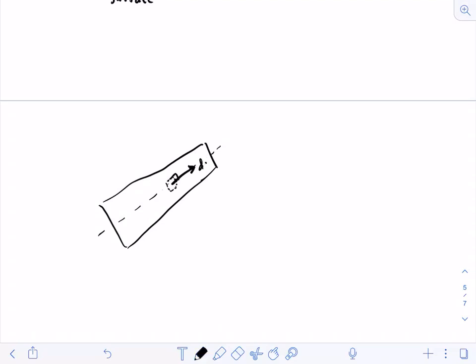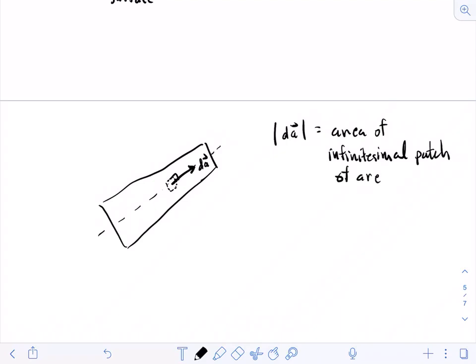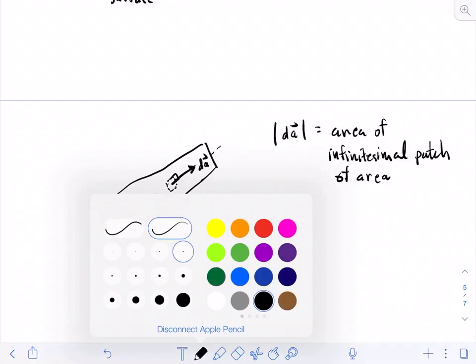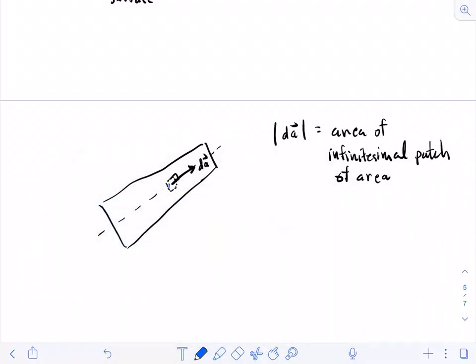The magnitude of the dA vector is the area of some infinitesimal patch of area. And so I tried to draw that here as this little square area. Whatever that little square area is, that's the magnitude of dA. The direction of dA is perpendicular to the patch.